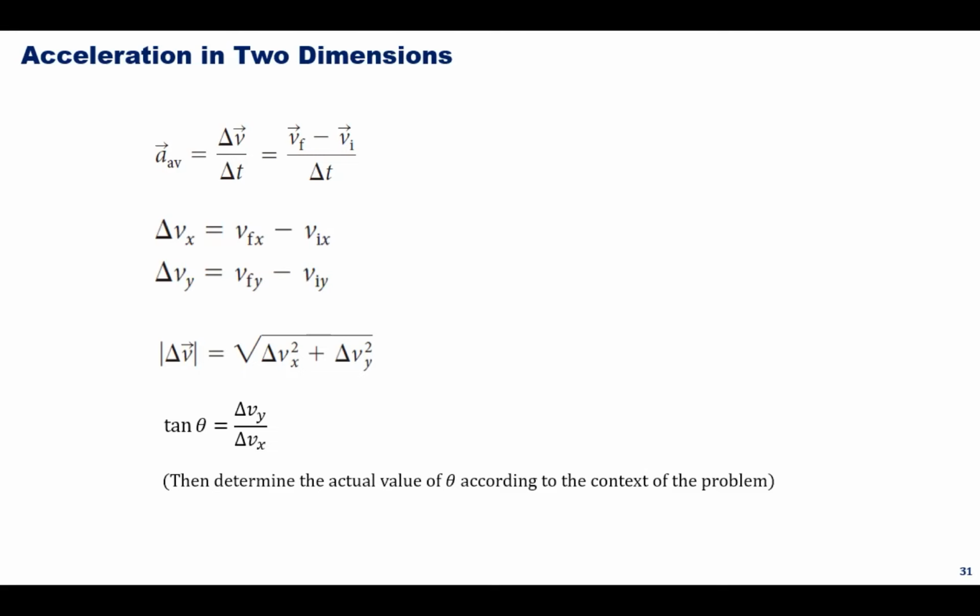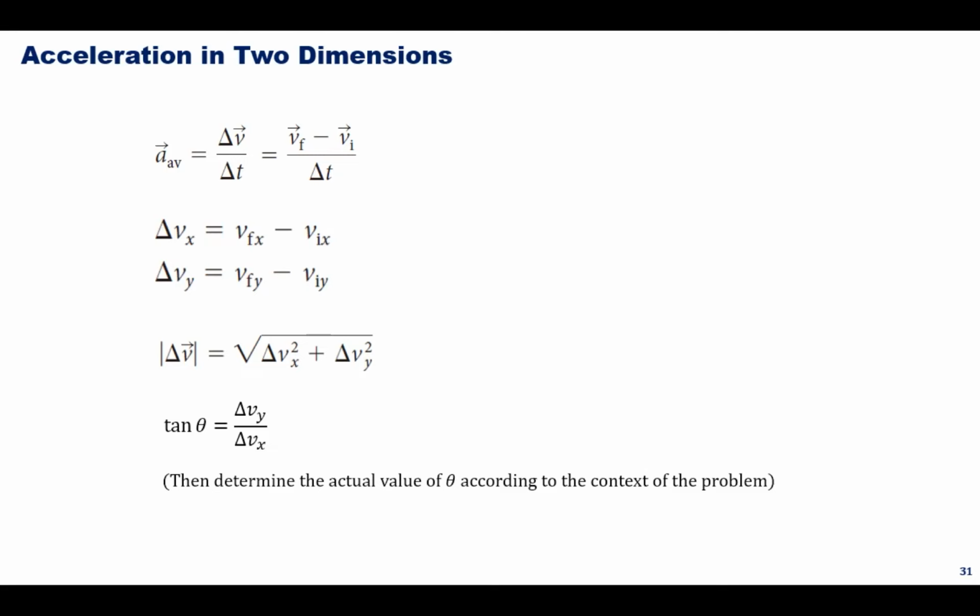For example, delta vx equals vfx minus vix, and delta vy equals vfy minus viy, which basically means the x component of delta v equals the difference of the final and initial velocity in the x direction, and the y component of delta v is the difference of the final and initial velocity in that direction, right?